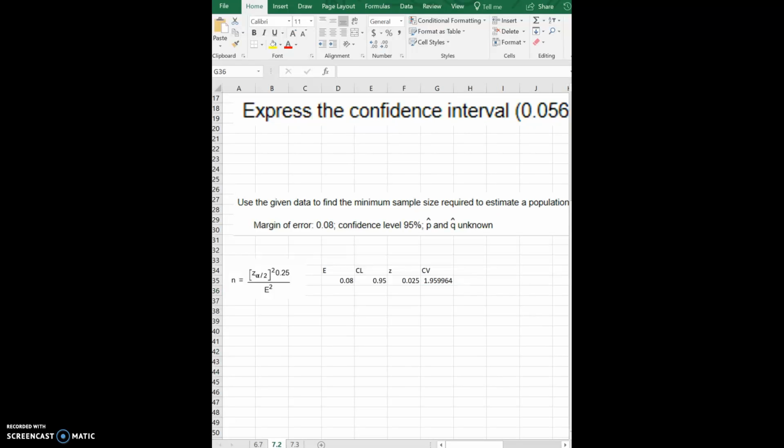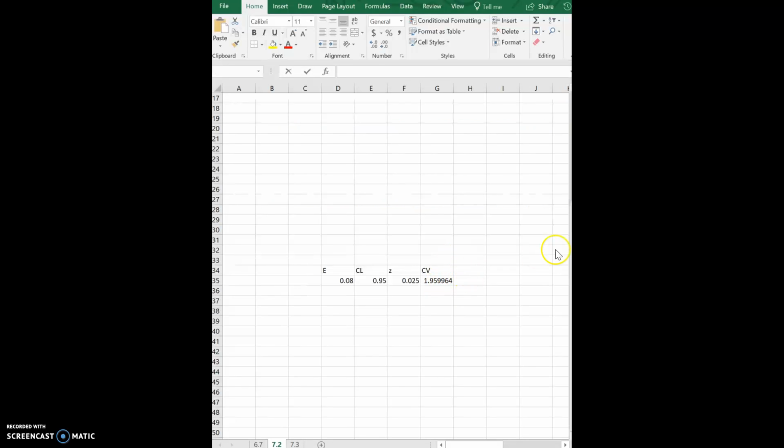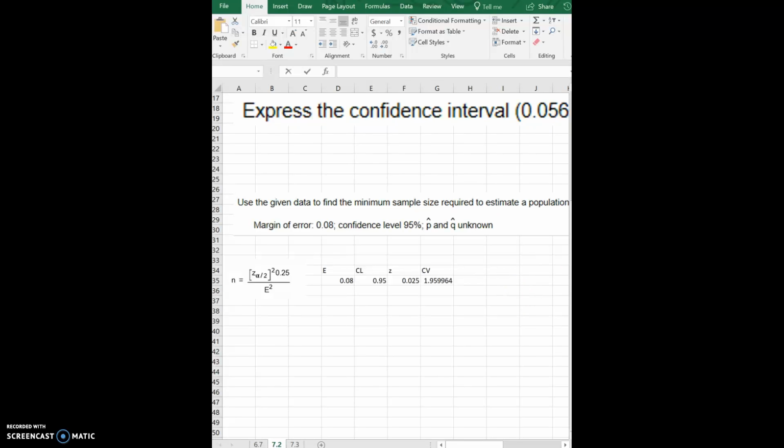So the next thing that you're going to do is find your n. Okay, so then you have your n. This is what you do because you don't have p hat and q hat known. If you had p hat and q hat known, this would be a lot easier. Alright, so you're going to do this formula. So you have your numerator.